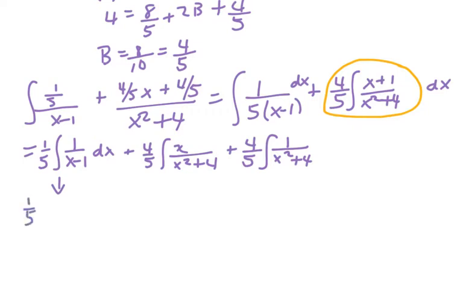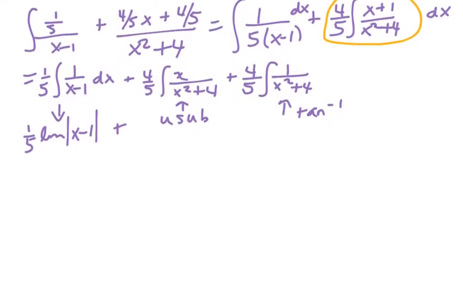This first one is just 1/5 ln of x minus 1. And here, we've got to do a u sub. And here, what does that look like? Tangent inverse. So we've got really three separate integrals to solve here. With the u sub, we're just going to let u equal x squared plus 4, and du is equal to 2x dx.